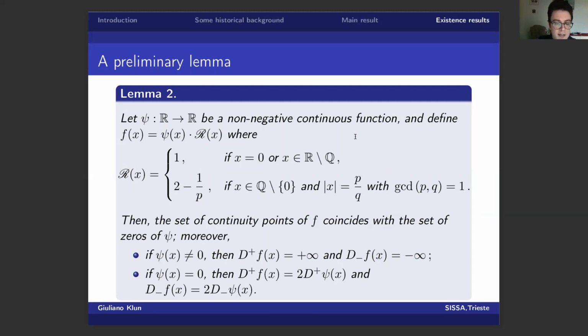The first is this: let psi be a real valued function, non-negative and continuous, and define r(x) to be a function that is 1 if x is 0 or x is irrational, and it is 2 minus 1 over q if x is rational but not 0, and x in absolute value is p over q with p over q reduced to lowest terms.